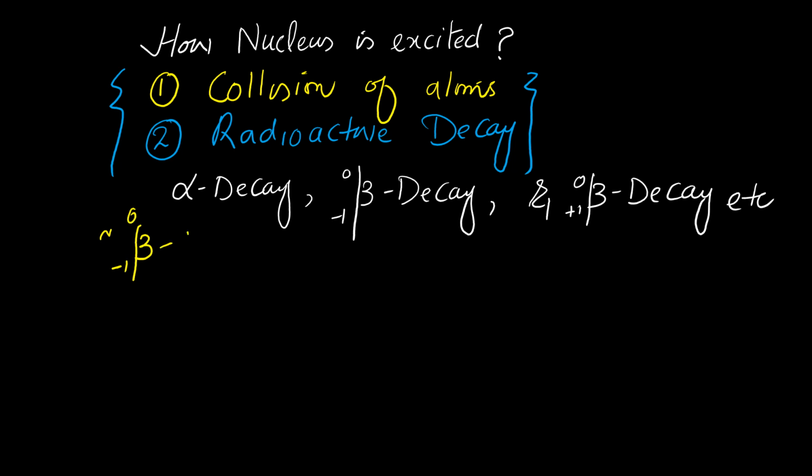They may be produced by positron decay and alpha decay, but mostly gamma rays are generated or produced by beta decay.